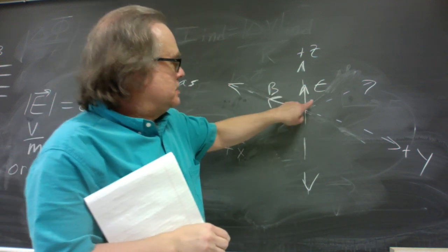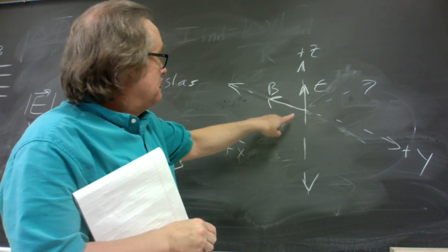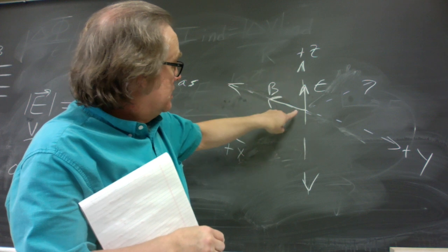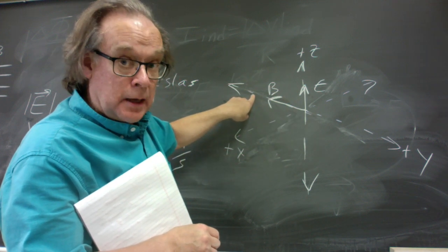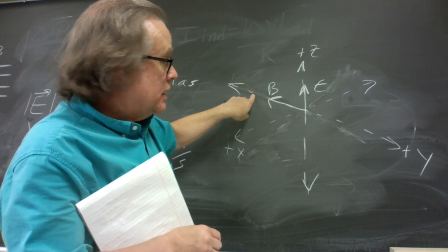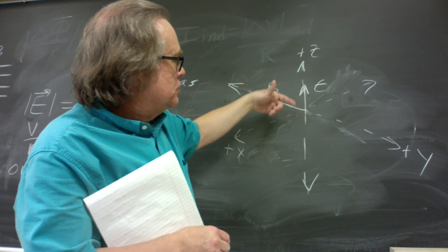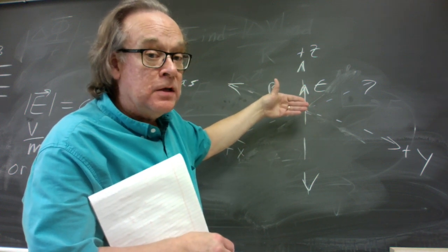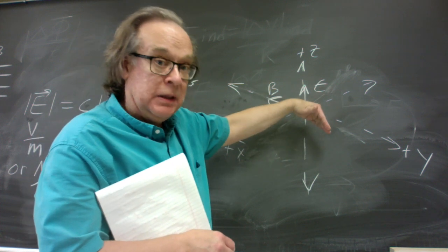So that is, the electric field is pointing in the negative x direction and in the positive z direction, and then the magnetic field is pointing in the negative y direction. So these two fields are in the zy plane. So the velocity has to be perpendicular to the zy plane.